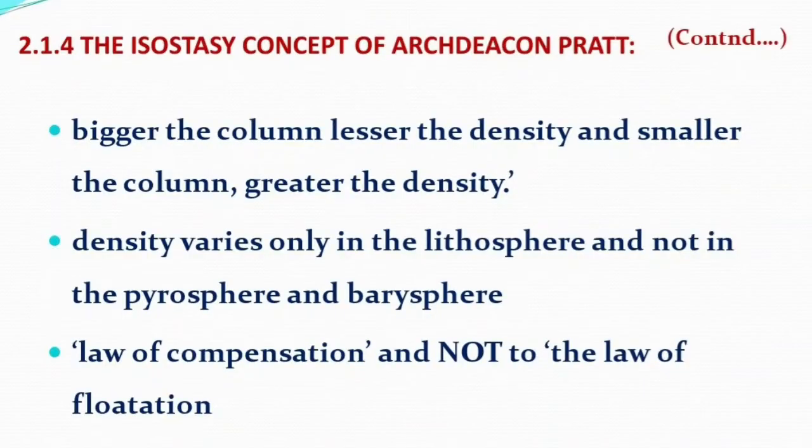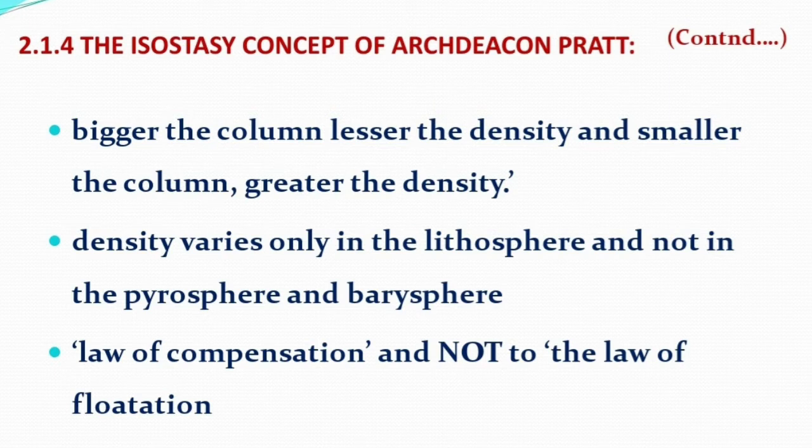Both columns must have equal mass along the line of compensation, so the density of column A should be less than the density of column B, so that the weight of both columns becomes equal along the line of compensation. Thus, Pratt's concept of inverse relationship between the height of different columns and their respective densities may be expressed in the following manner: bigger the column, lesser the density, and smaller the column, greater the density.